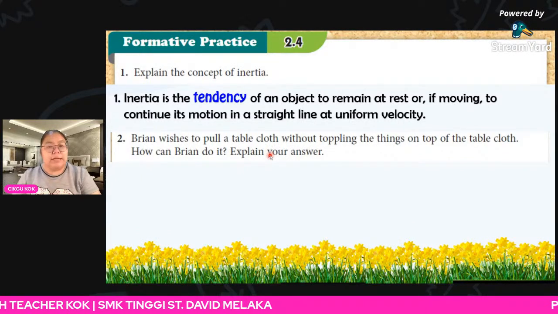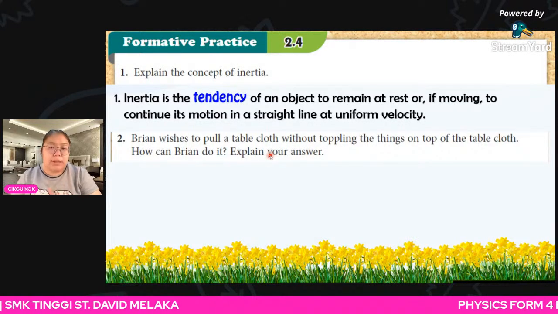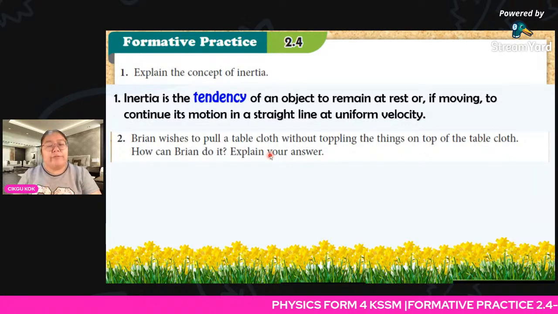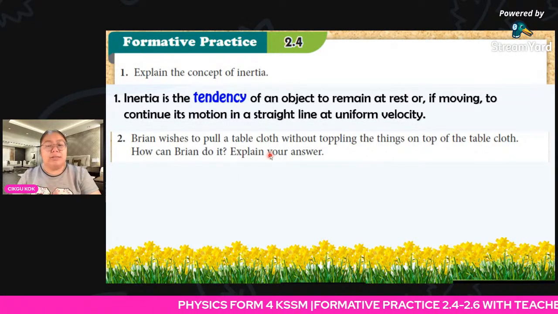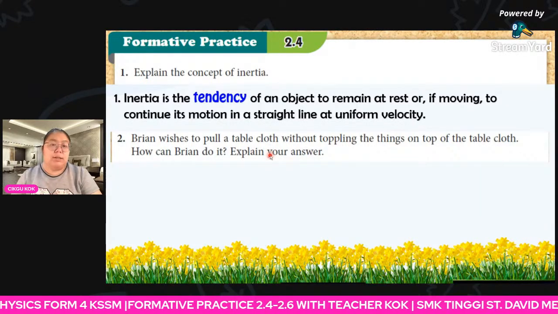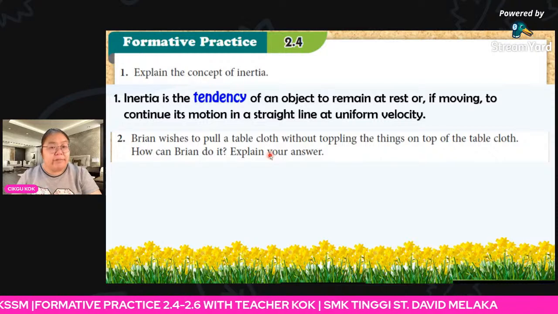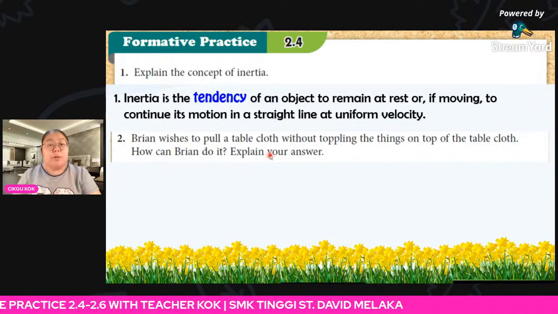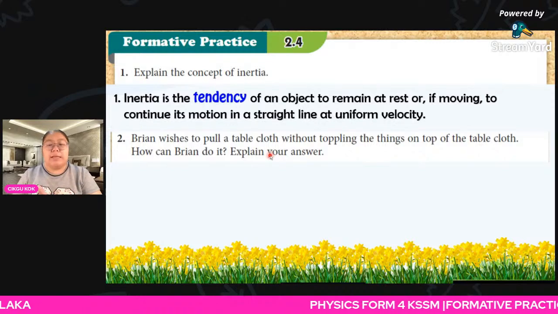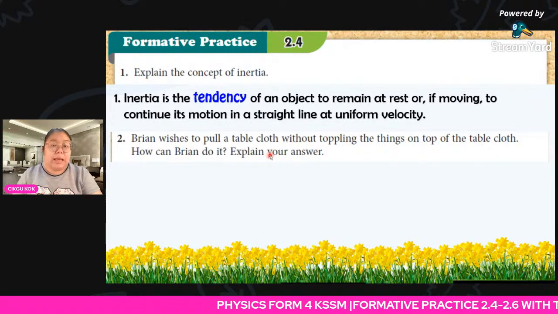Normally inertia happens in a short moment. So when you pull, you must pull very fast. When you pull very fast, the objects on the table have a tendency to keep their motion. Their original state is at rest, stationary, so they remain on the table and do not move together with the tablecloth.